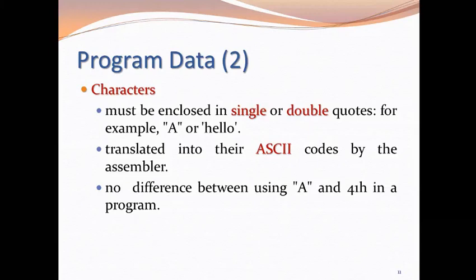If we are writing the characters, then that character is going to be converted by the assembler into the assembly code. But directly you can also use the assembly code for that particular character. It's up to you which one you prefer. Okay, that is the point you need to take note of or write down.